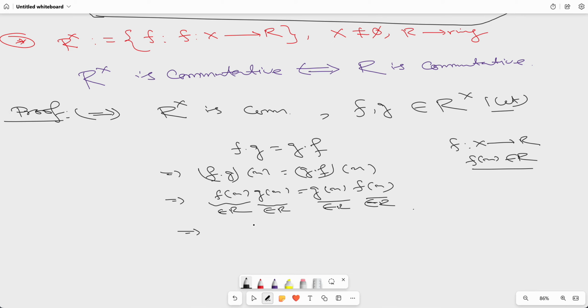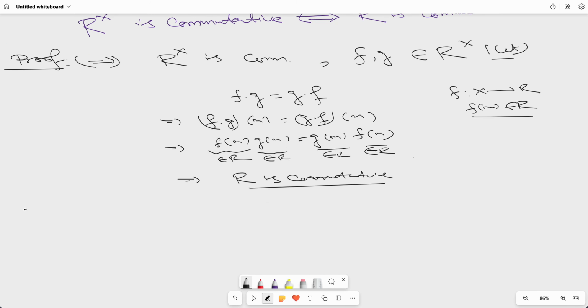R is commutative because f(x) is nothing but an element in R. If this is commutative, then this should be commutative. There is no other choice. Is it clear? Each of these is an element in R. So R has to be commutative. There is no other choice.